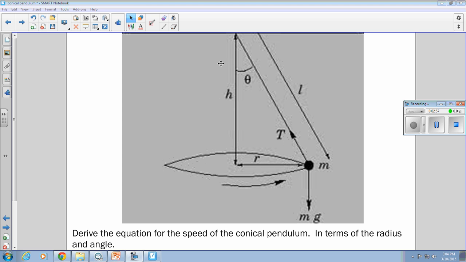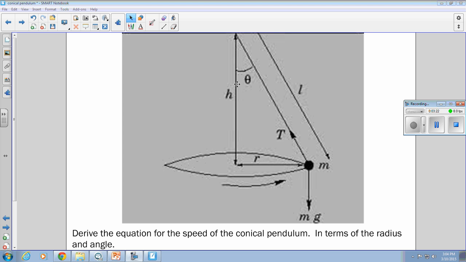If you spin it faster, it's going to start going up higher, and the radius will increase, and the height will decrease as you spin this faster and faster. But if we just take it at a certain given point in time, there's going to be some sort of radius of the circle that the conical pendulum is circulating around, and there's going to be some dimension of height.